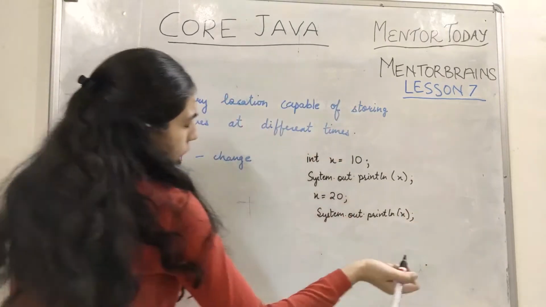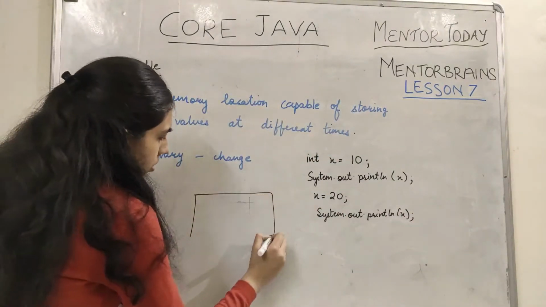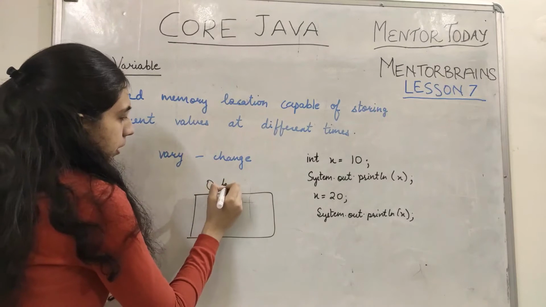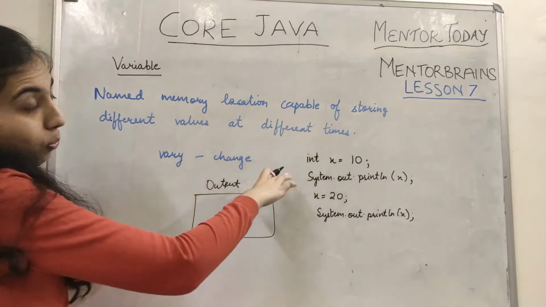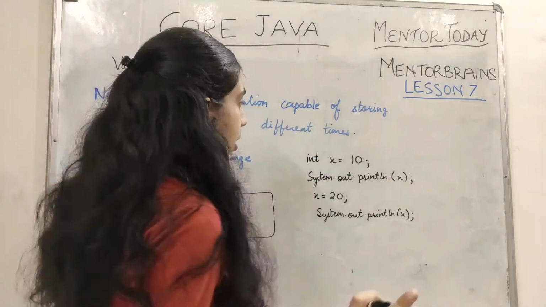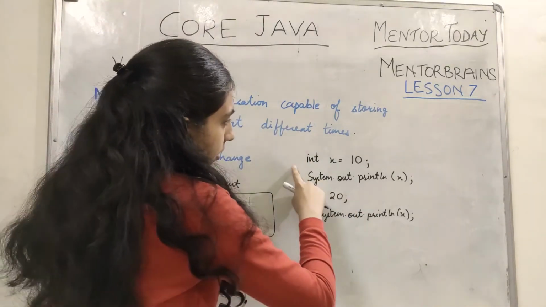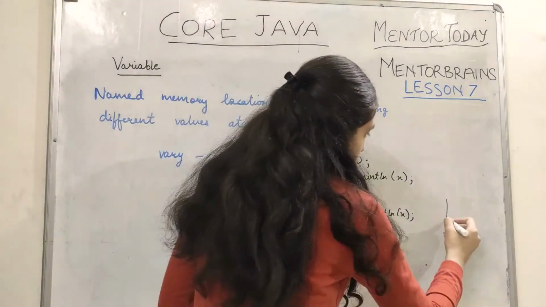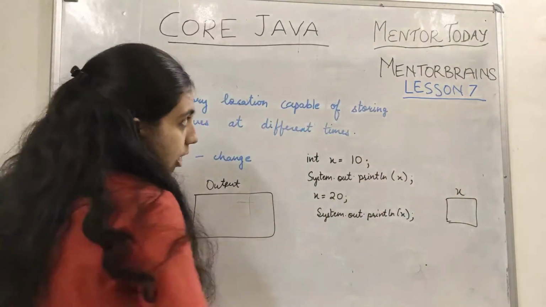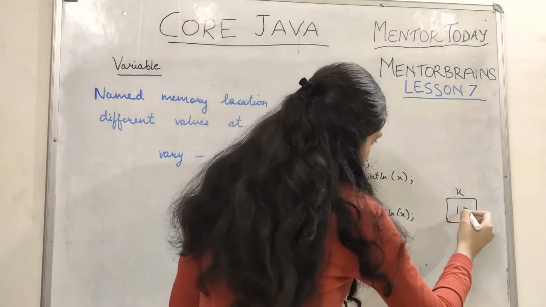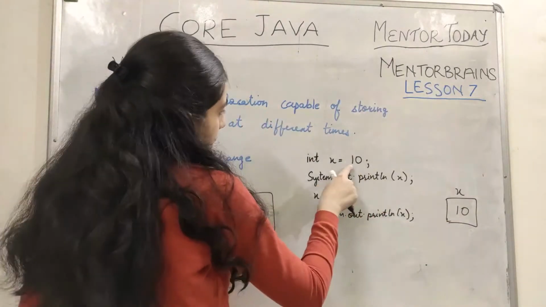Now, what will be the output on the screen? Suppose this is the output window, and this is a part of the code where public static void main and public class are already written. First, executing this, a memory location named x will be created and a value 10 is assigned to it, because x equals 10.